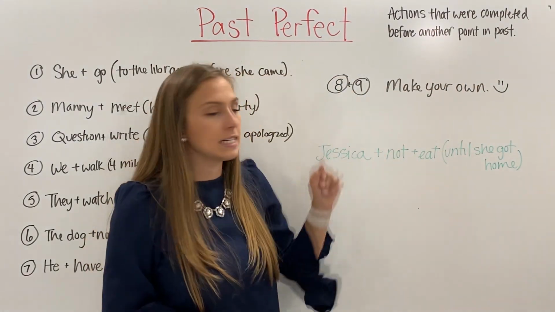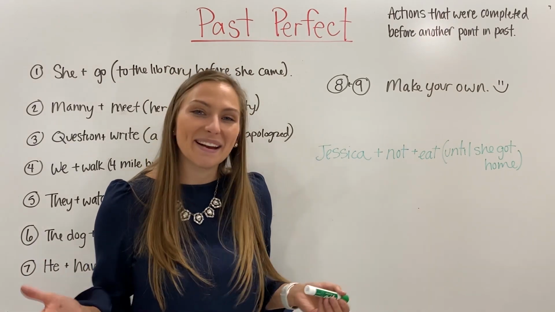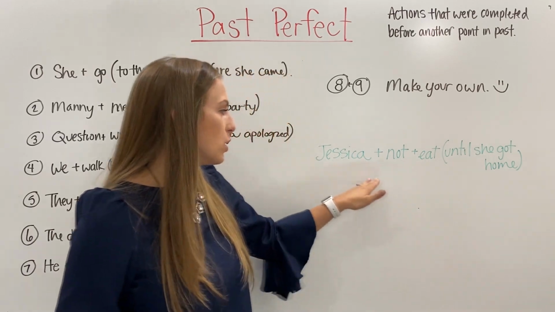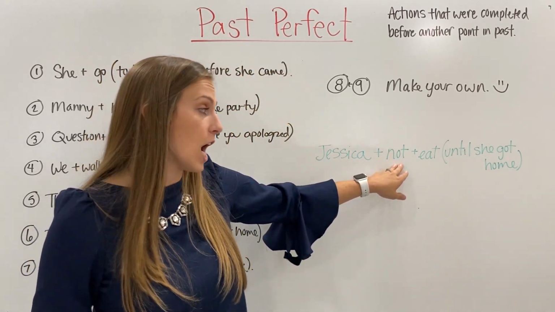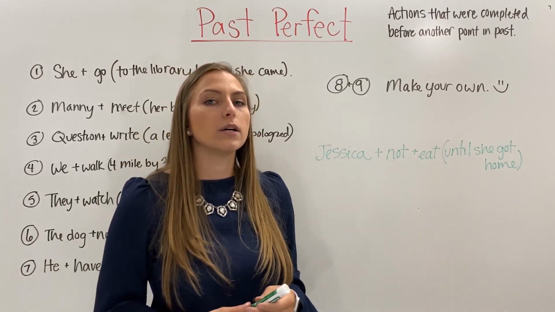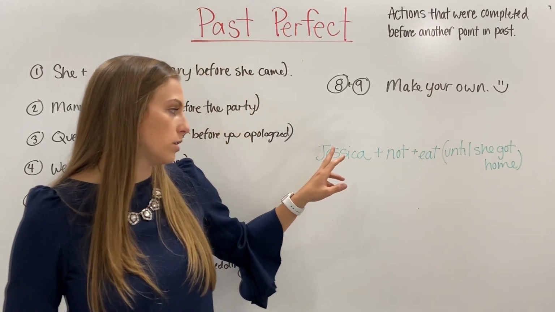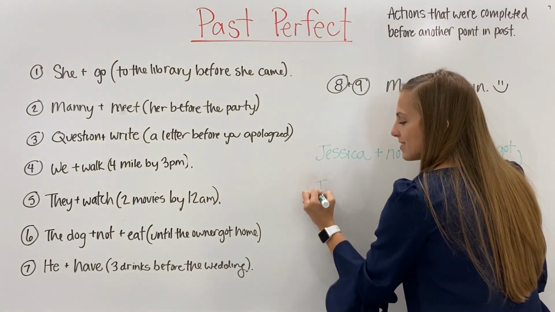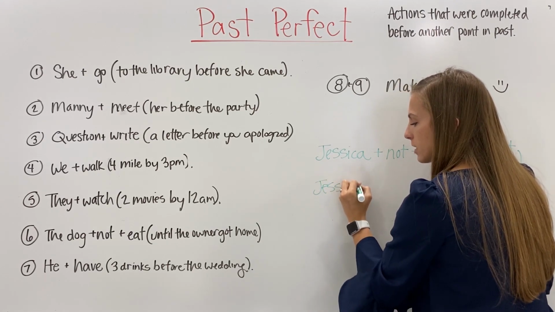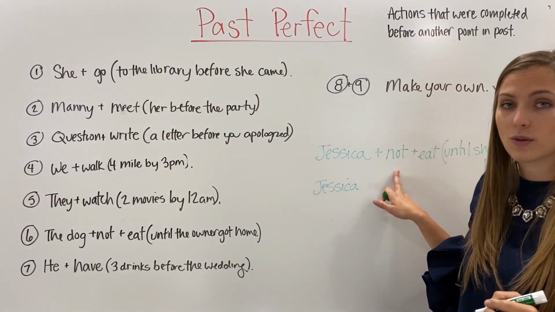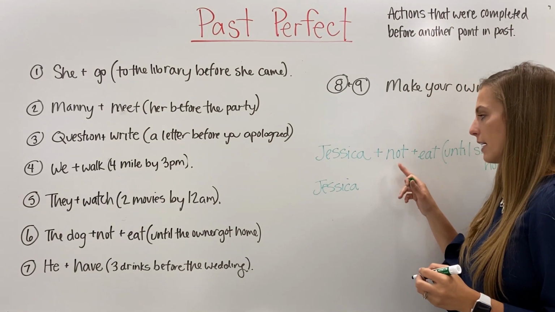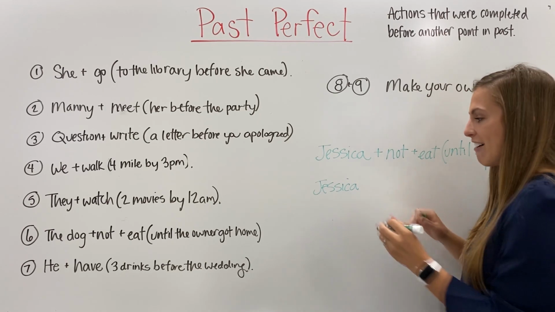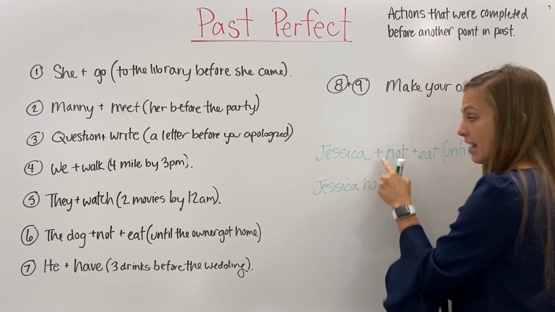And then here, 8 and 9, I want you to make your own. Be creative. So this is an example together so you understand what you're going to do. So I have the subject, I have not, and then I have the verb eat. So we are going to first say Jessica. So Jessica, we can just repeat her name or we can say she. Jessica. And then we have not. So that means we are going to have a negative in there. But first, we remember we have to have had before the negative.